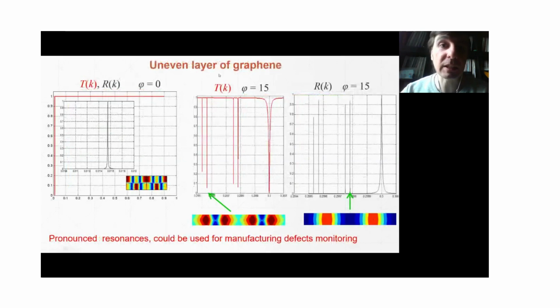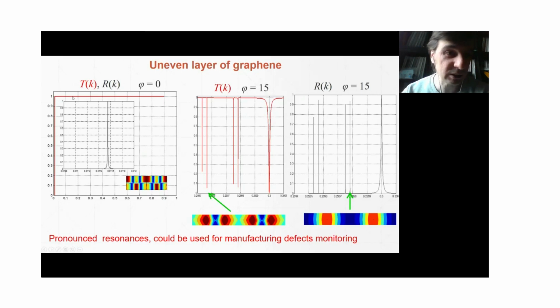And if the layer of graphene is not flat but has an uneven structure, the resonance picture becomes much more diverse. For normal incidence, there is just one resonance very close to zero frequency.